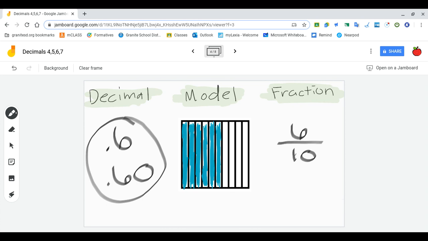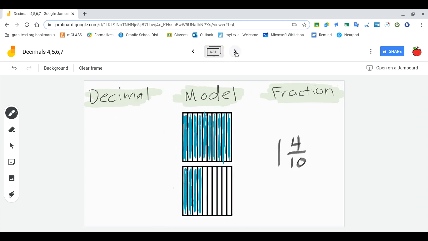Something I want to mention is that 6 tenths in its fraction form could be simplified if I divide both the numerator and the denominator by 2. I would get 3/5. The really cool thing about decimals is that you don't ever have to simplify. You just work with the decimal as is, and that's kind of cool.